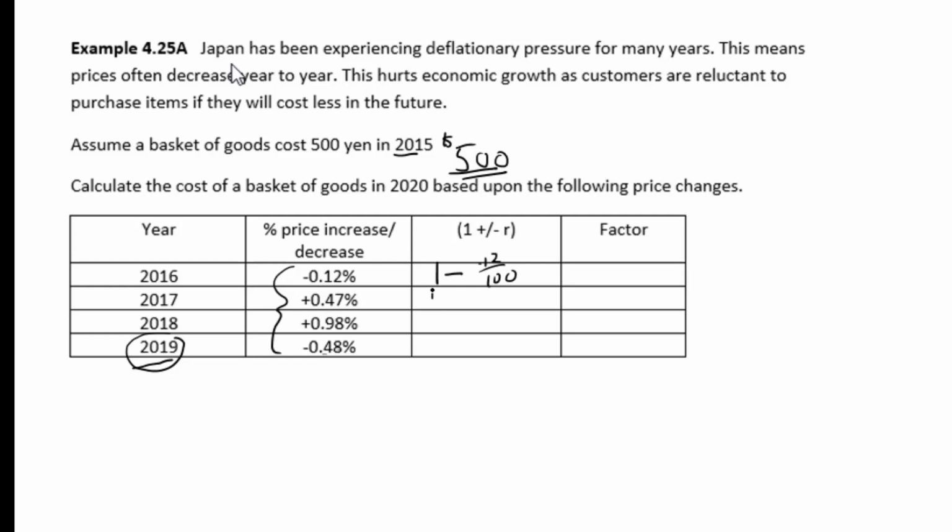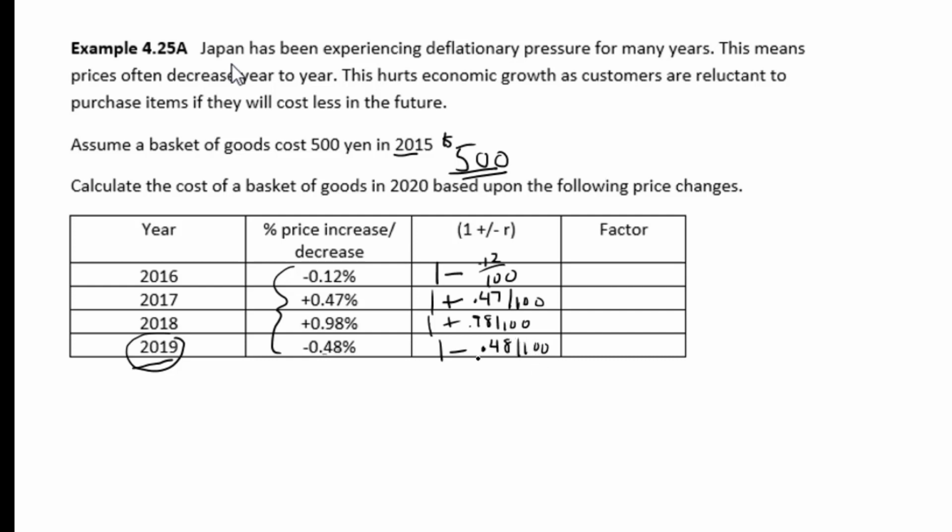This is going to be 1 plus 0.47 over 100. Right? This is 0.47%. A percent means how many per 100. This is 0.47 per 100. This is going to be 1 plus 0.98 per 100. And this is going to be 1 minus 0.48 over 100.